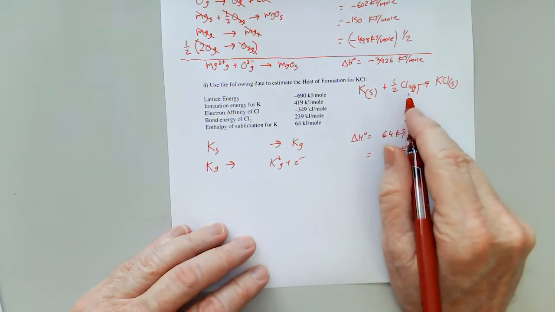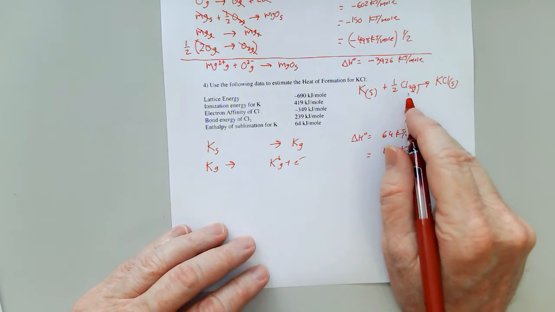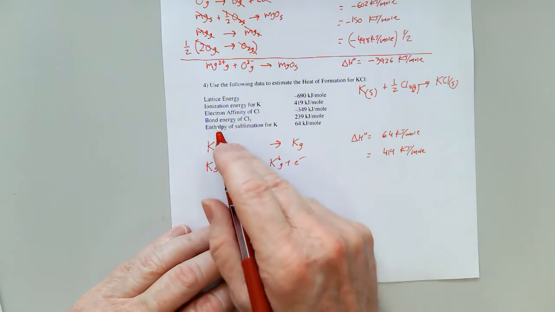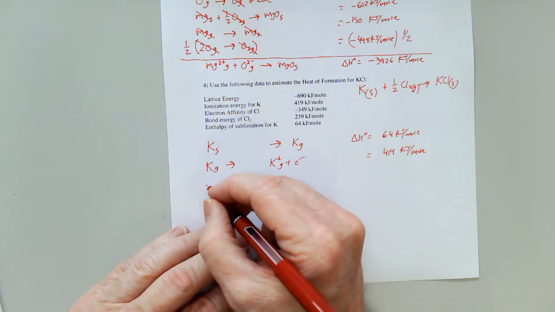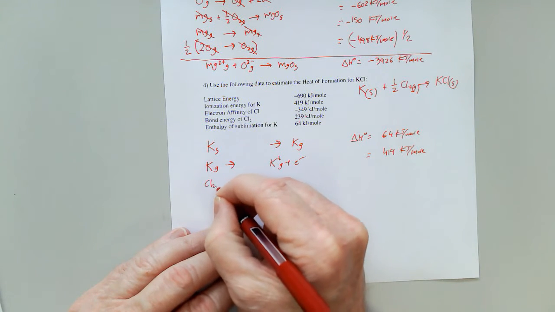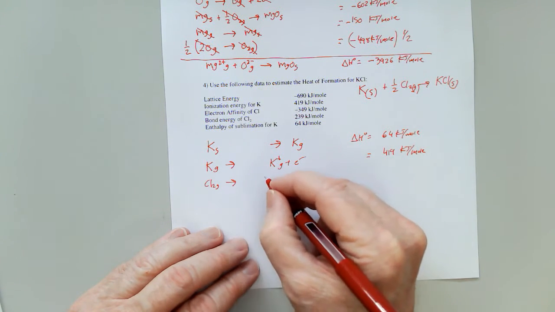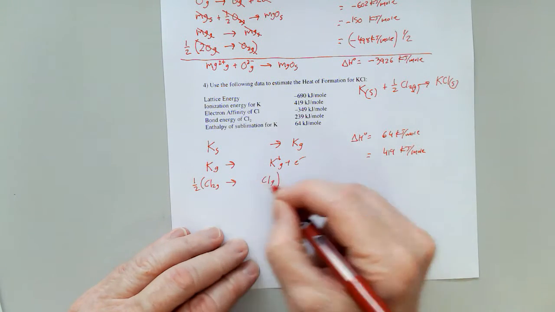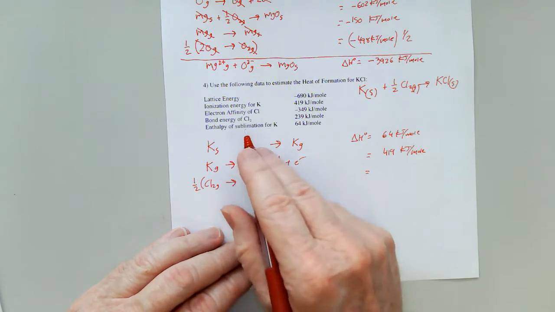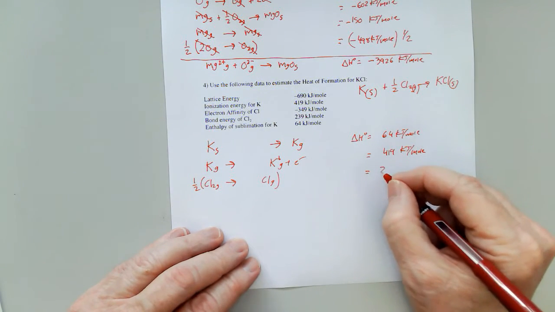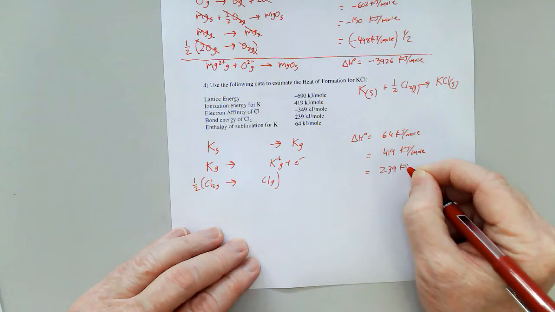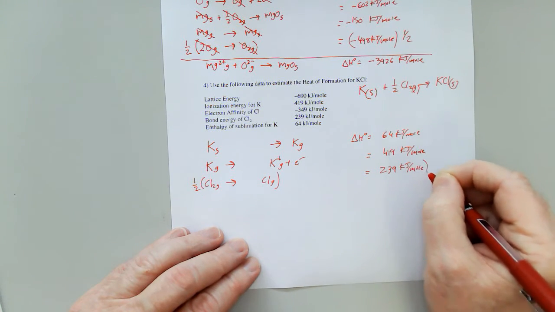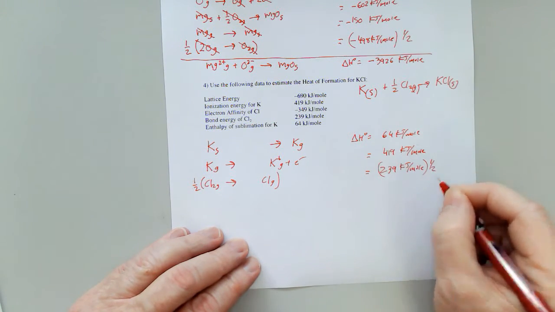I need some Cl2 gas. Okay. So I'm going to get that based off the bond energy for Cl2. Cl2 gas goes to Cl gas, and I'm going to multiply that by 1/2. So then my value here of 239 kilojoules per mole, I'm going to multiply by 1/2.